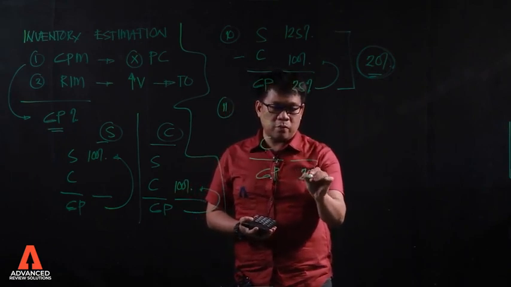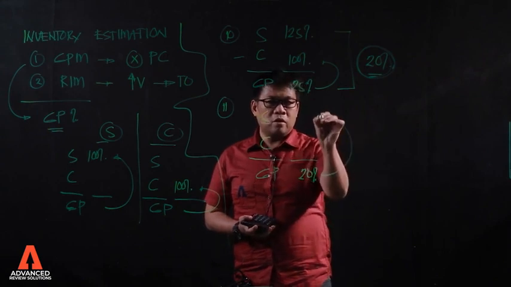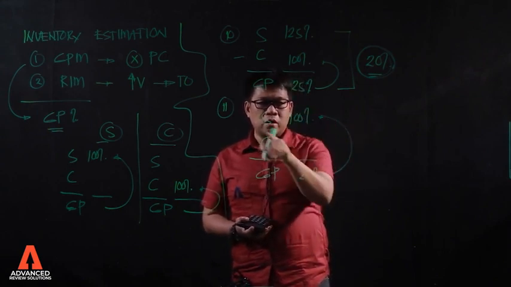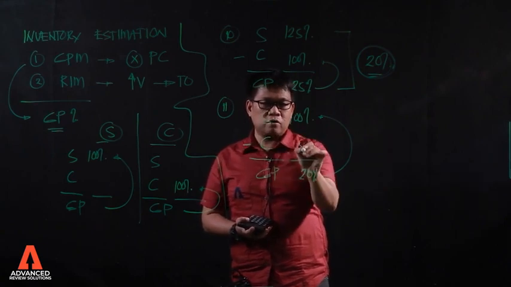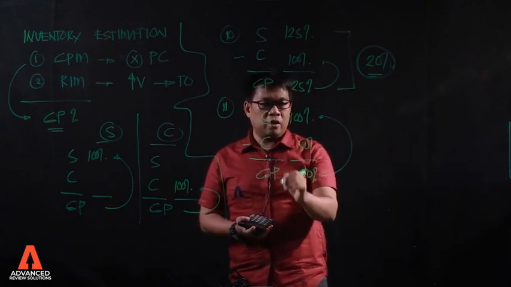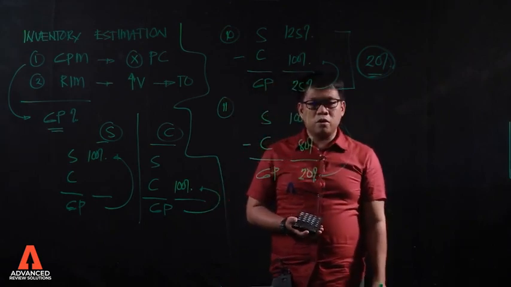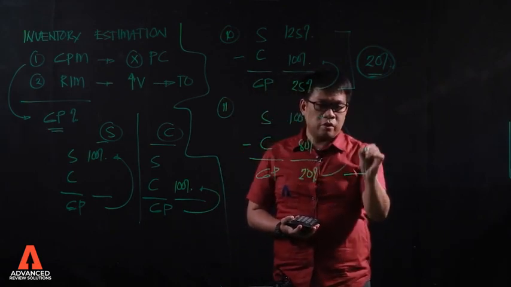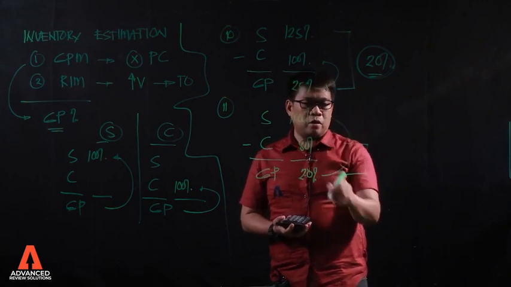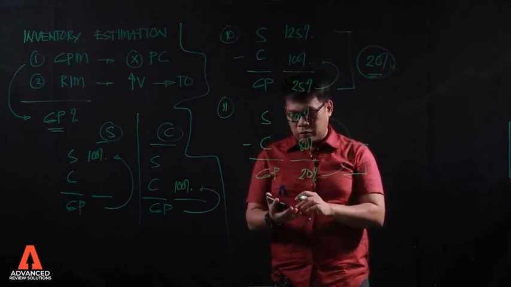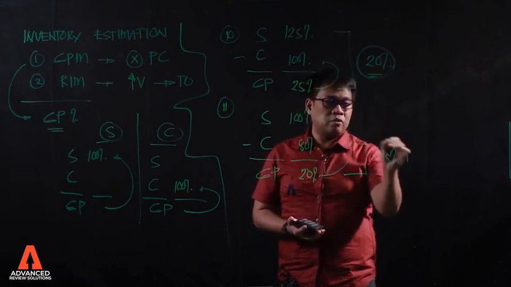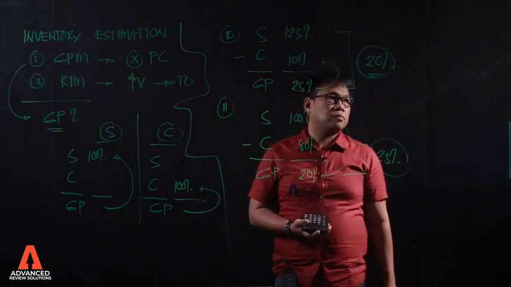So this is 20%, and the base is what? Sales, which is 100%. And to account for this, sales minus cost of sales, this should be 80%. Okay? Ang tinatanong niya, what is the gross profit based on cost? So the gross profit based on cost is 20 over 80. So that is 20 over 80. So this is 25%. That is the answer in item 11.